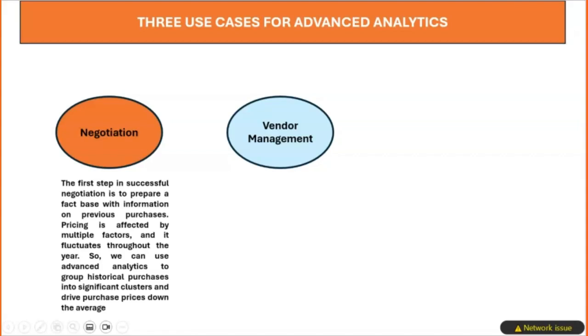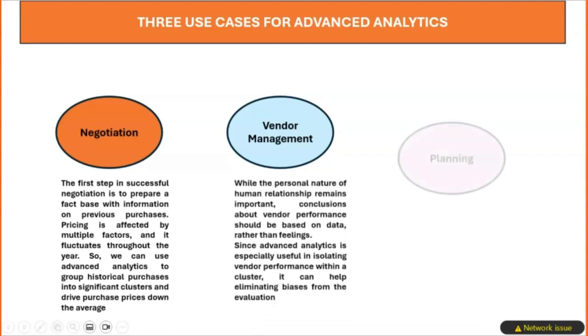While the personal nature of the relationship remains important, conclusions about vendor performance should be based on data rather than feelings. Since advanced data analytics is especially useful in isolating vendor performance within a cluster, it can help eliminate biases from the evaluation process. And finally, in planning, data analysis can help us to plan.